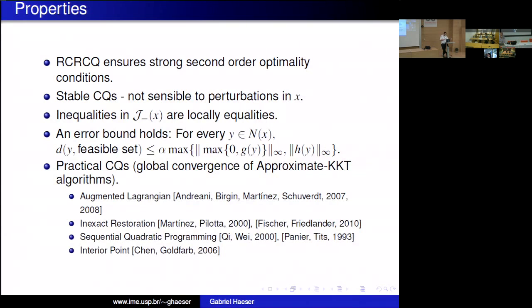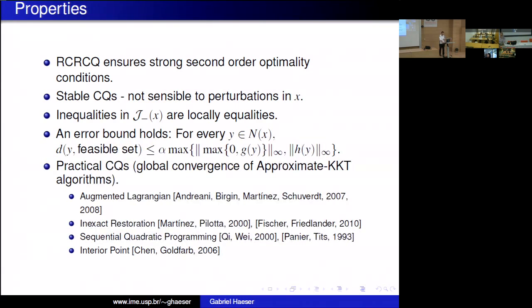So for our conditions, they are not second-order optimality conditions, but the relaxed constant rank is. So we can prove that for every possible Lagrange multiplier, the second-order condition holds.